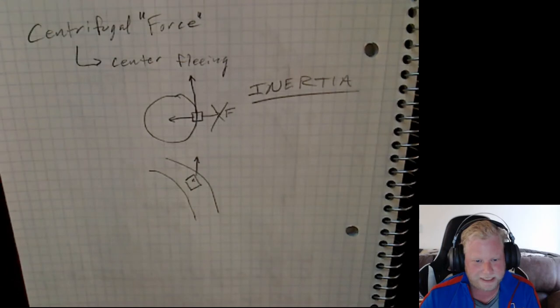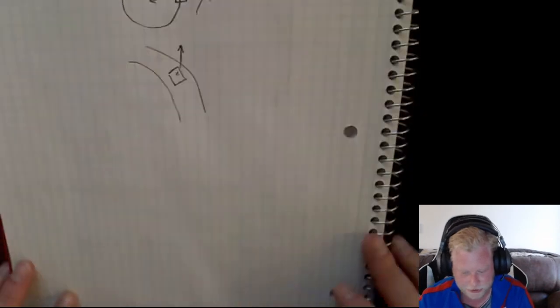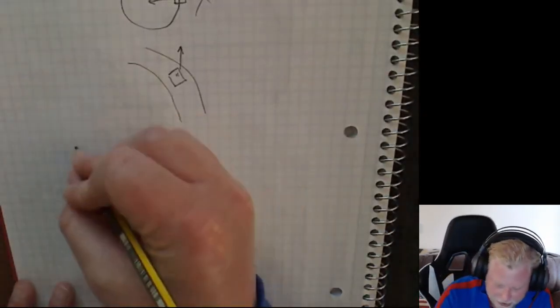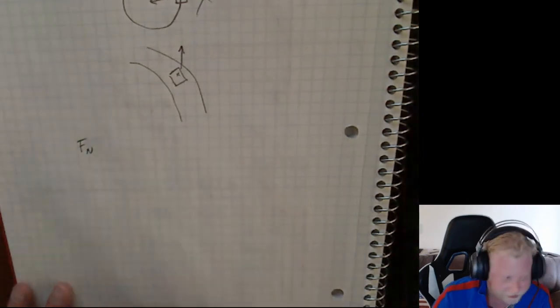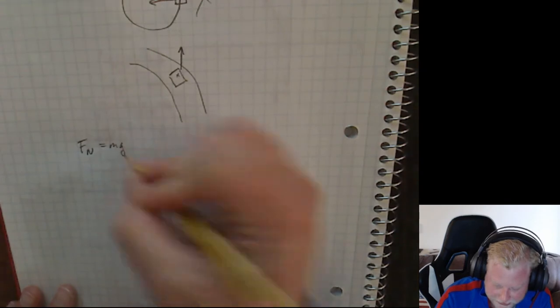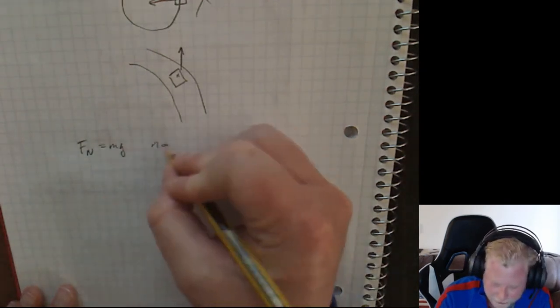Now, the second apparent force that we're going to talk about with circular motion quite a bit is apparent weight. And think back to when we were dealing with forces, right? Your apparent weight was all about the normal force versus the gravitational force. If the normal force you experienced was equal to your actual weight, you feel normal, right?